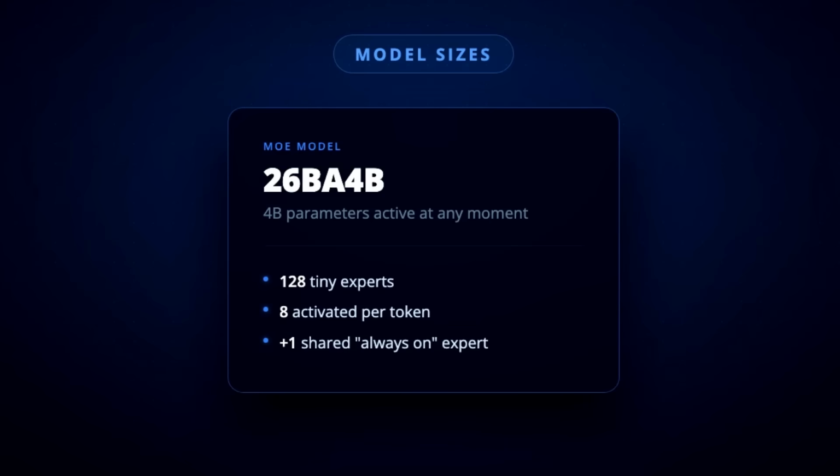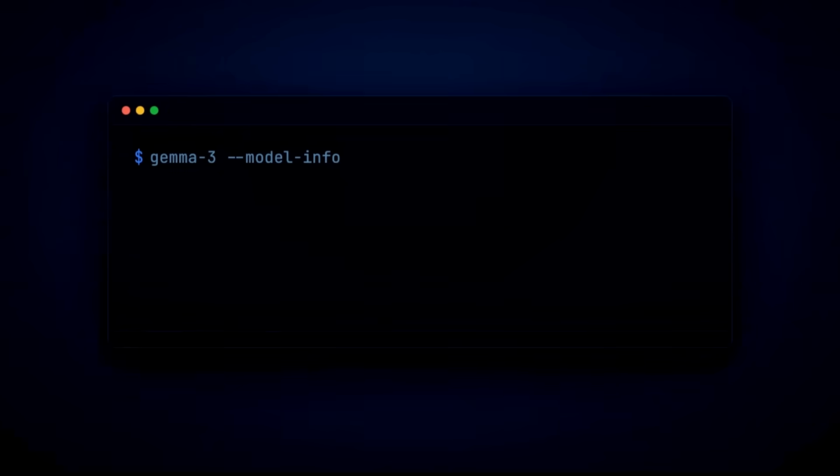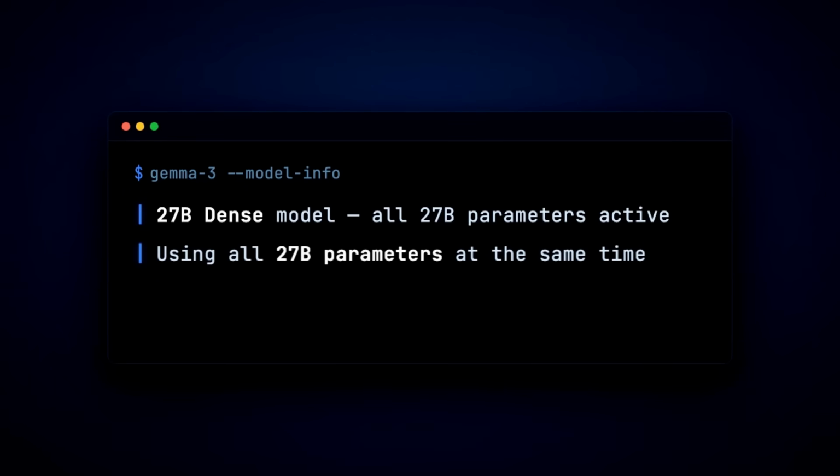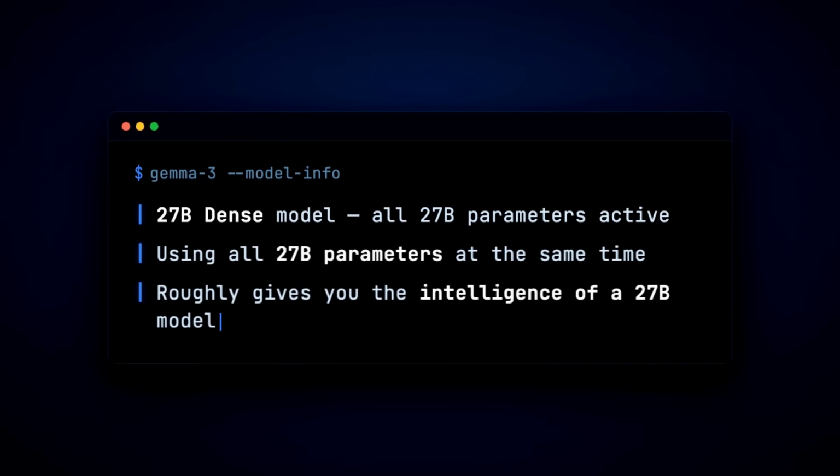They've got 128 of these tiny experts, 8 being activated for each token, plus 1 shared always-on expert. If we compare that to Gemma 3, where the largest model was a 27 billion parameter dense model, in that case you are using all 27 billion at the same time. So roughly, this is giving you the intelligence of a 27B model with the compute cost of something around a 4B model.